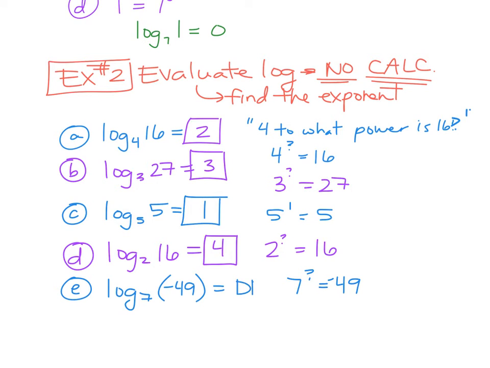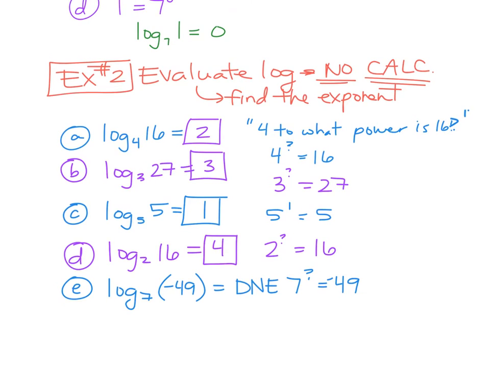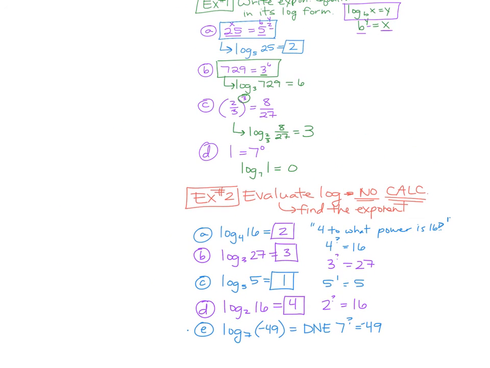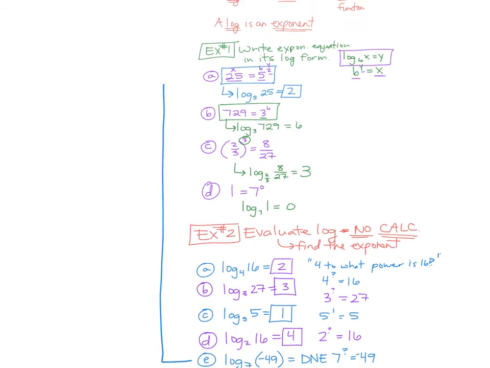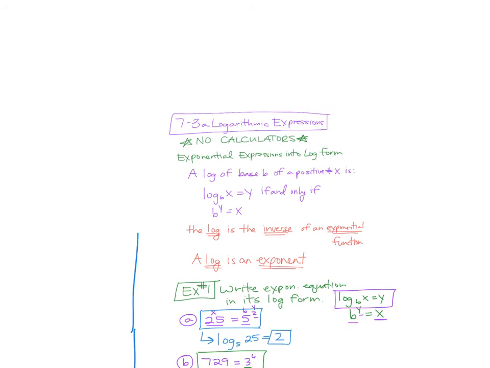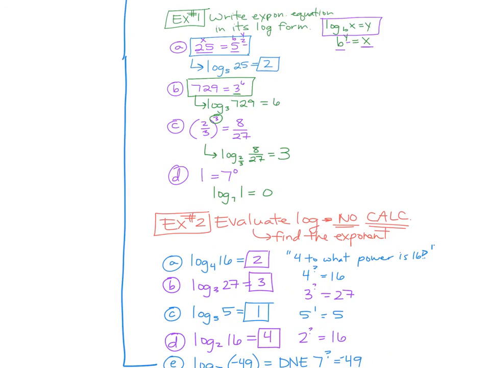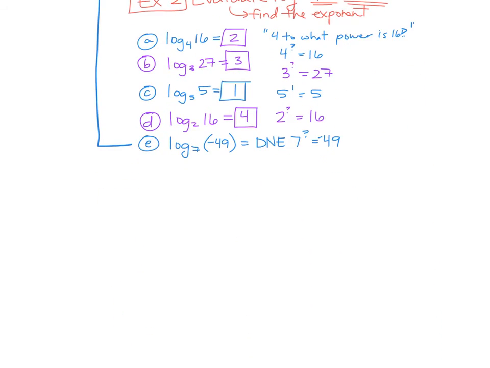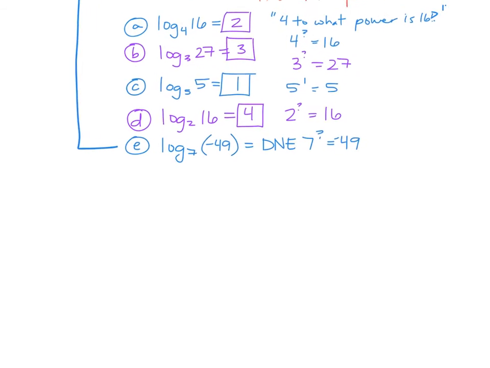This is one of those DNE problems. If you recall, if we look back up here, a log of base b of a positive number x. So when it's a negative number there, it does not exist. You can't do that. So just DNE is fine. Does not exist.